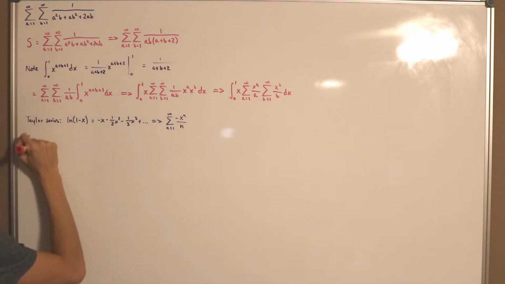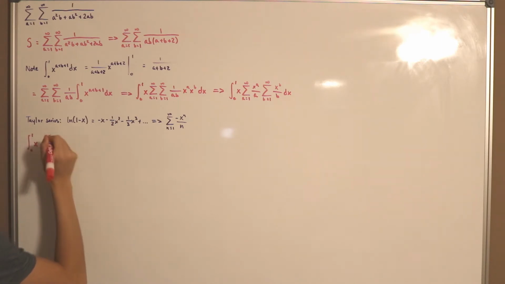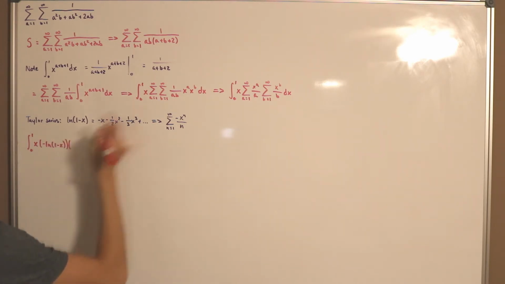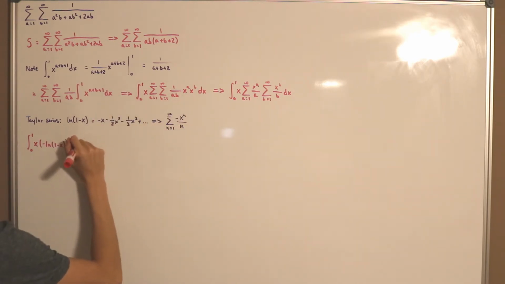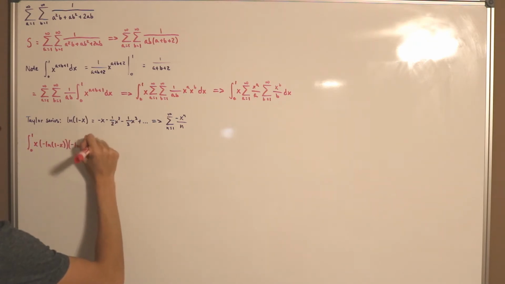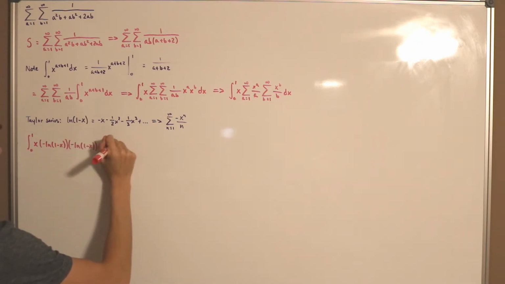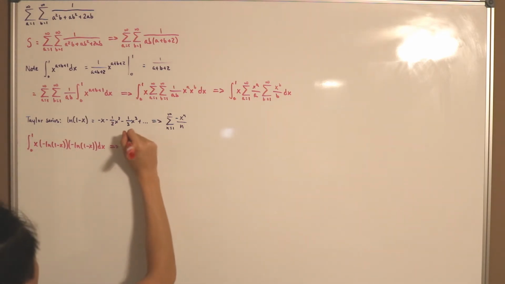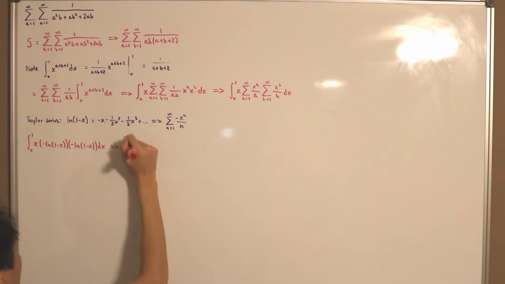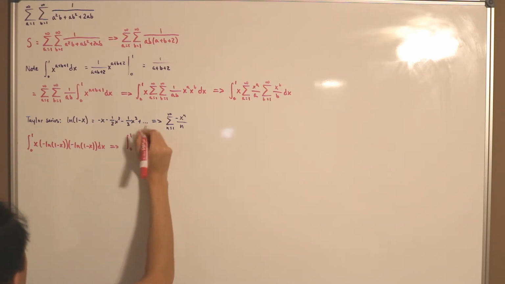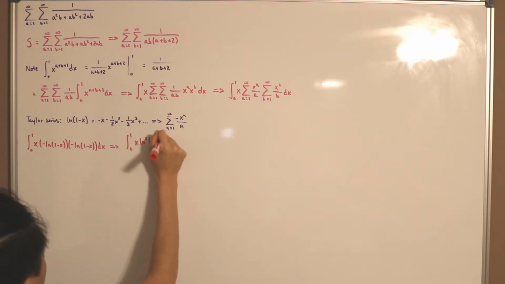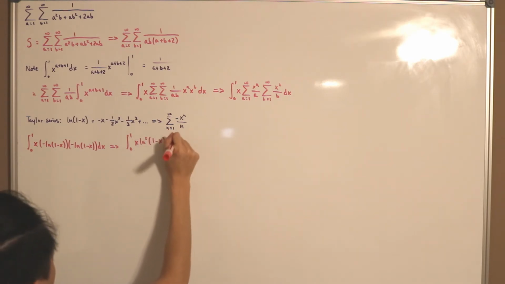Then this is the integral from 0 to 1 of x, then multiplied by negative ln of 1 minus x, and then same thing again. And when we multiply these two together, negatives cancel out, so we just get positive. So this is the integral from 0 to 1 of x multiplied by ln squared of 1 minus x dx.